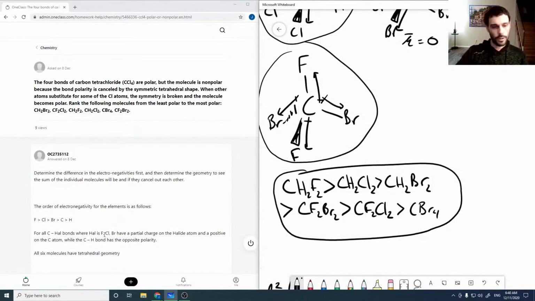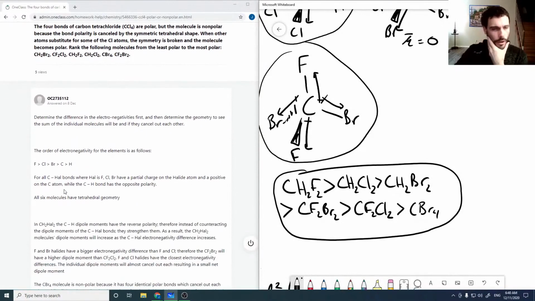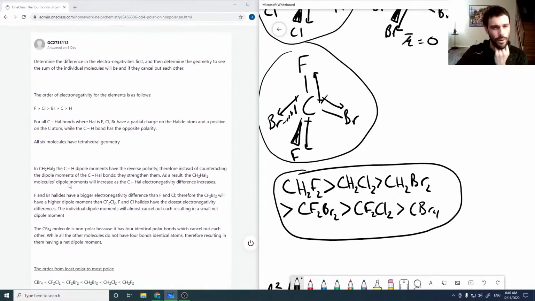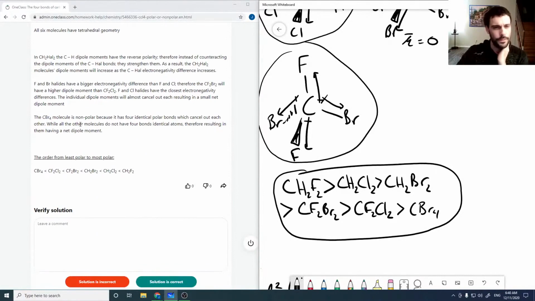And now if we check through here, for all carbon-halogen bonds, it's going to go in the order of electronegativity, so fluorine, chlorine, bromine. And then hydrogen is just going to build it up. And CBr4 is nonpolar because it's symmetric.